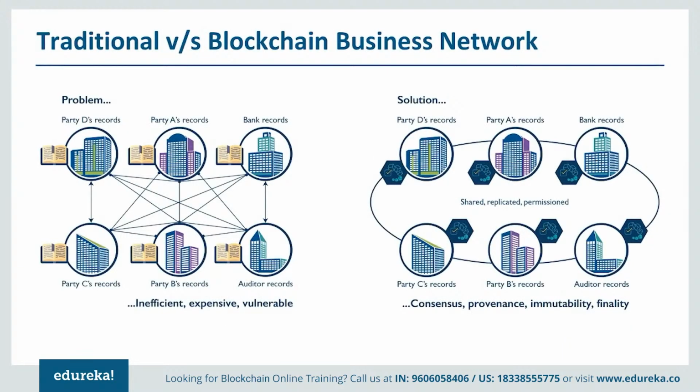Now the key problem is that in a traditional network they are sharing information with each other in an inefficient, expensive and vulnerable way, maybe by emails, maybe by unsecured transactions, and then there is a problem of reconciliation, etc., which is solved by using a blockchain based network, where you have consensus, provenance, immutability and finality.